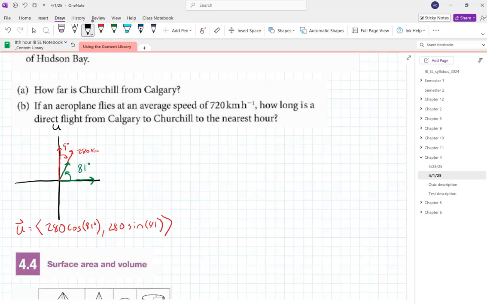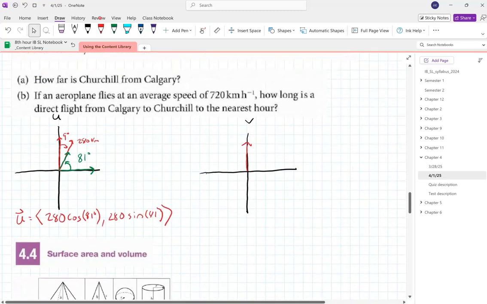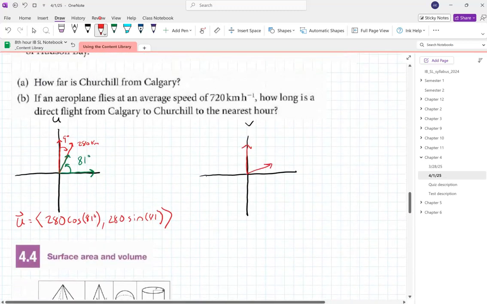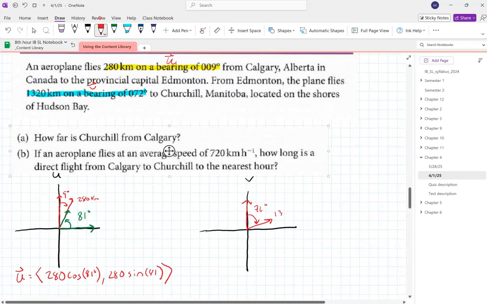Then I'll do my other vector. That's vector v. Again, I'll start with my bearing, and it said that bearing was 72 degrees. And its magnitude was 1320.